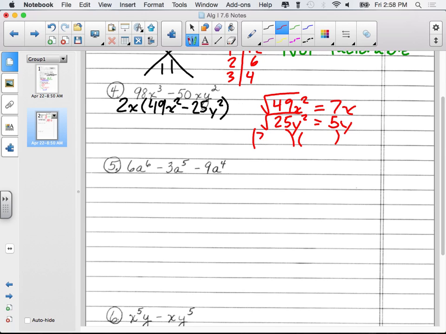We're gonna start with 7x and then minus 5y. And then 2x would be on the outside, wouldn't it? So you gotta carry that. Yep, so 2x, 7x plus 5y, 7x minus 5y. Bring that down.